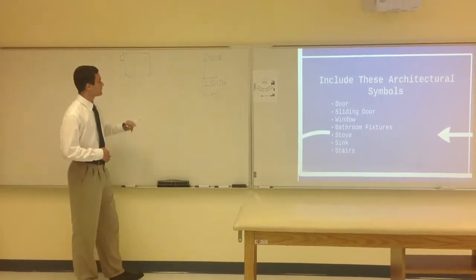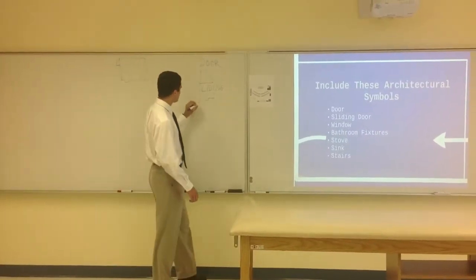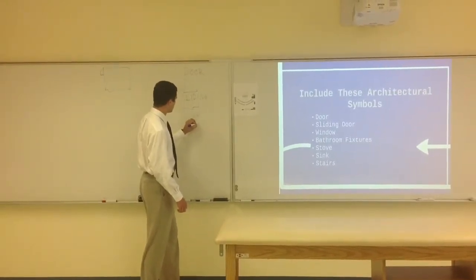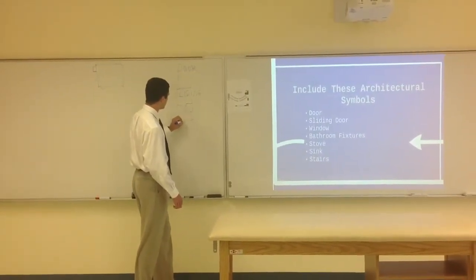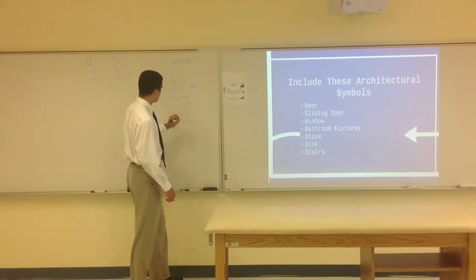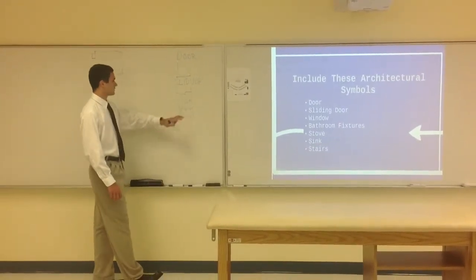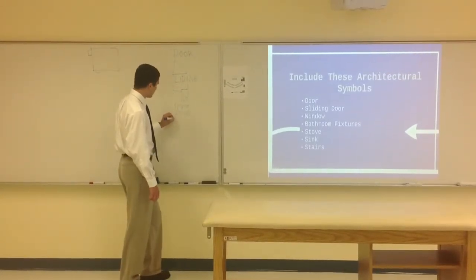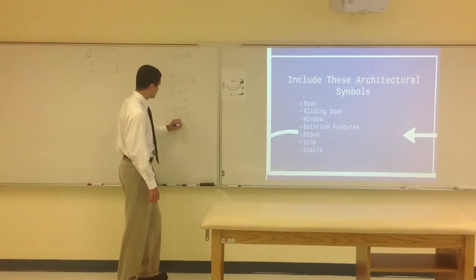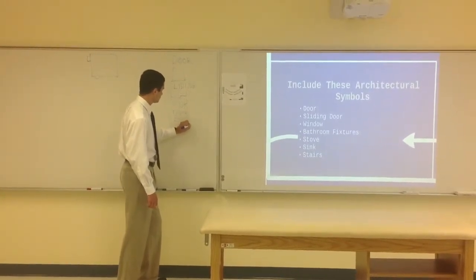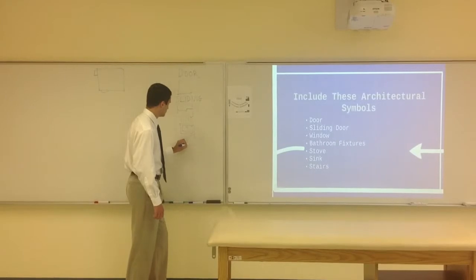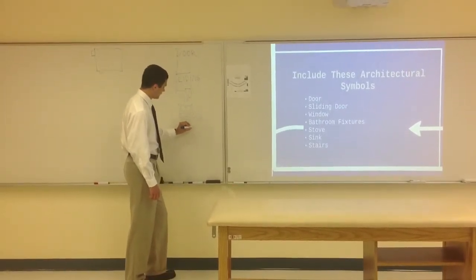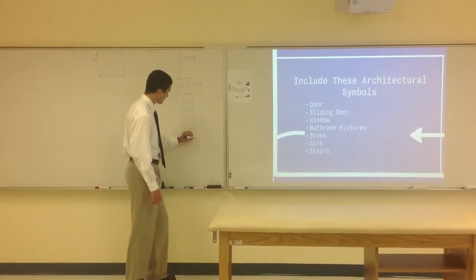Alright, bathroom fixtures. For the bathroom, you're going to have a sink, which would look just like this. You have 2 rectangles and a small circle in the middle for the drain. You also have a bathtub, which will look something similar to the sink, but it'll be a rectangle, not a square.